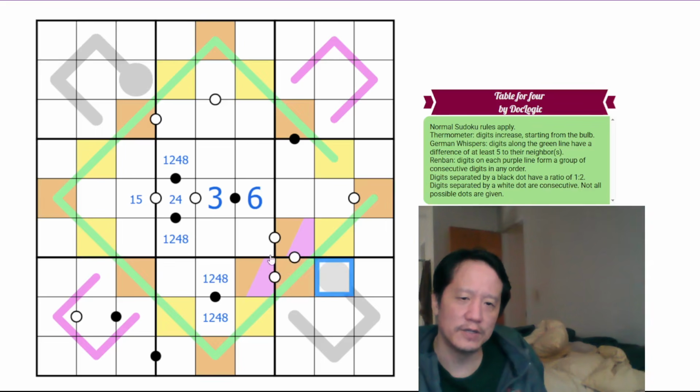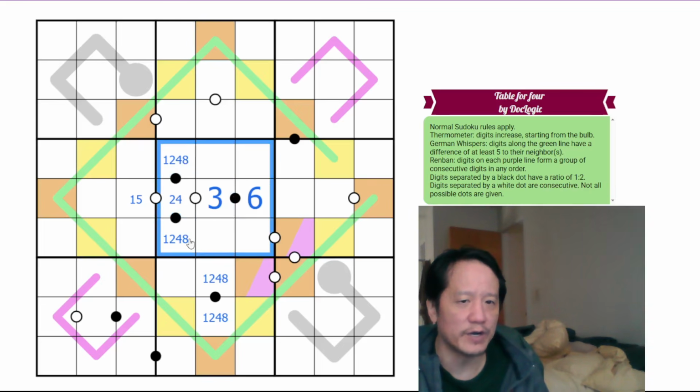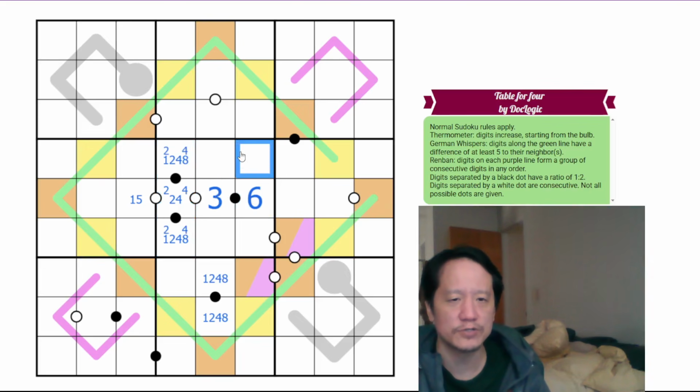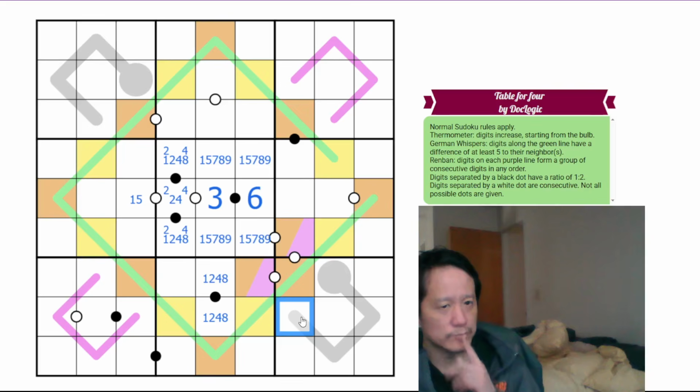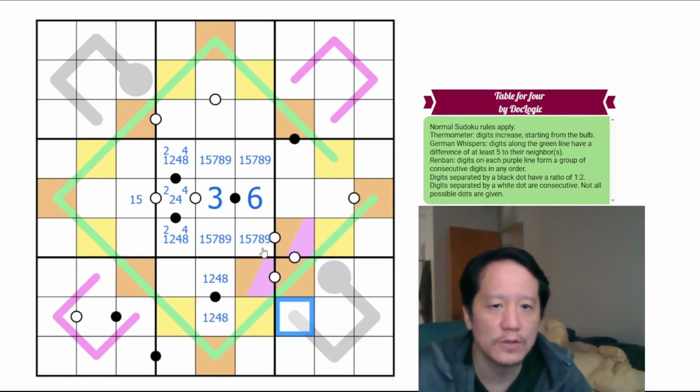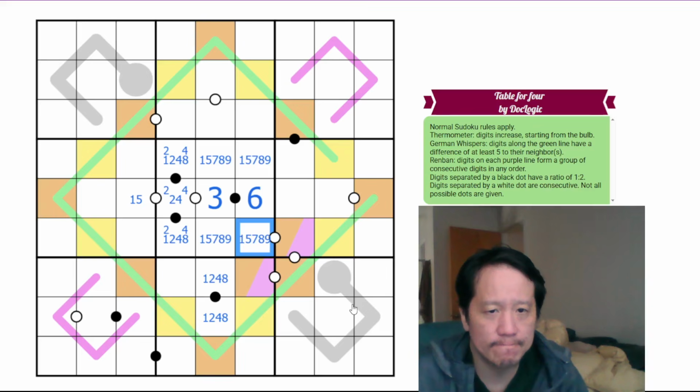We'll mark that. The rest of the central box cannot contain 2 or 4 because 2 and 4 have to be here. Cannot contain 3 or 6. So it's 1, 5, 7, 8, 9 as the remaining digits. Okay. We have orange here.